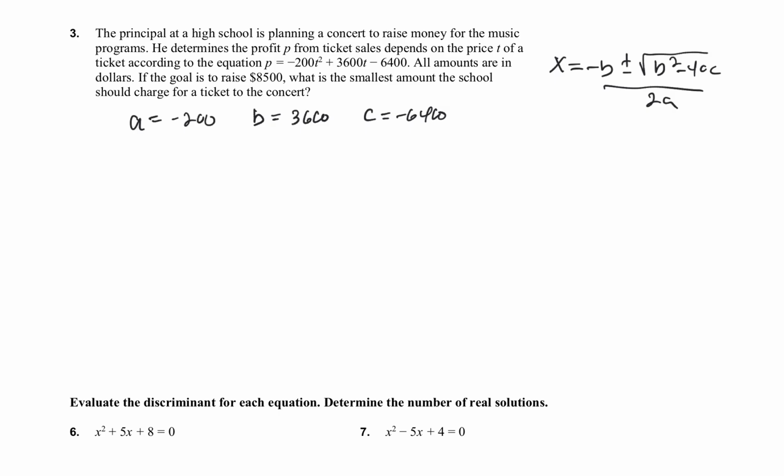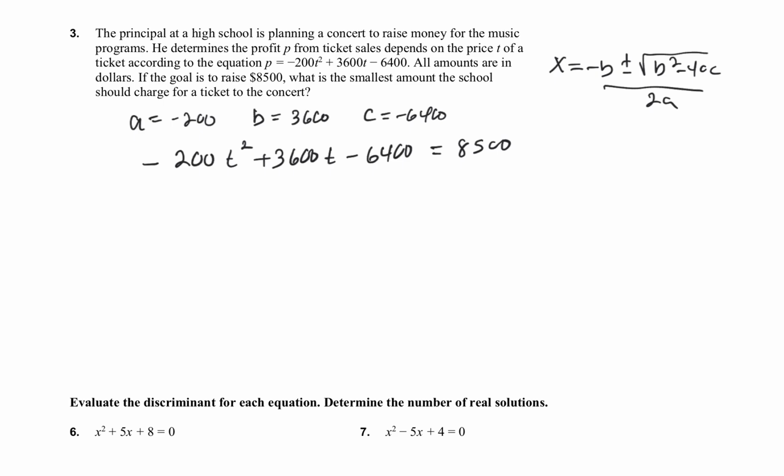So the goal is to raise $8,500. So let me write this down. So it's negative 200 t squared plus 3,600 t minus 6,400, and they're going to sell 8,500, so that's going to affect the c.